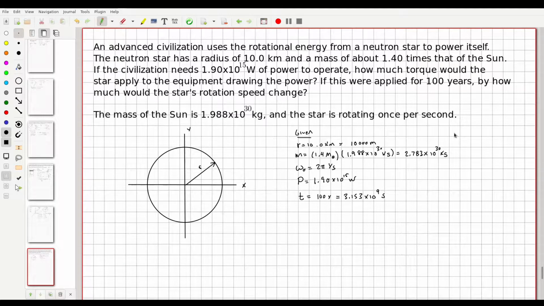What are we trying to find? Well, first thing we want to find is how much torque is the star going to apply to this thing. So we want to find the torque. We also need to find the change in angular velocity in that amount of time. So we want to find omega.